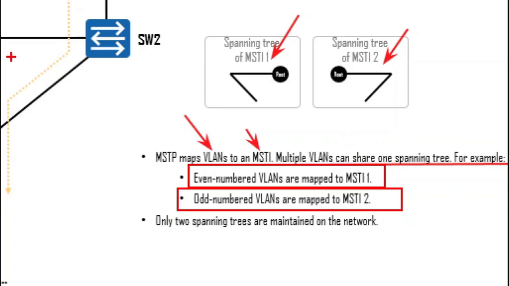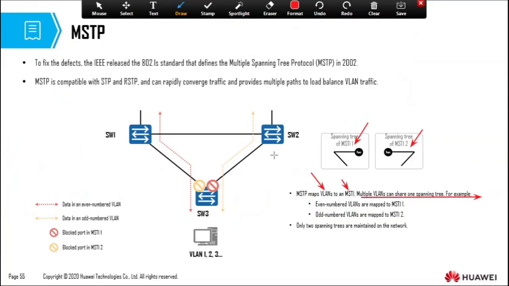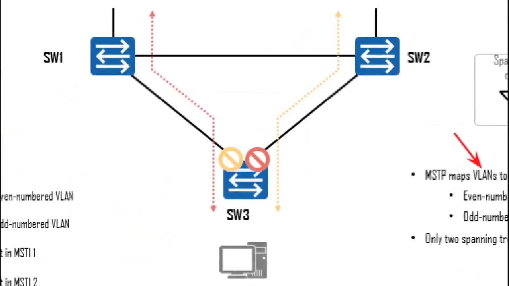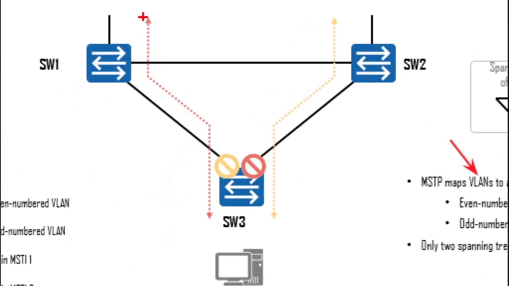In this particular example, on MSTI1, switch 1 is the root. For the first spanning tree, switch 1 is the root, and we block this interface.